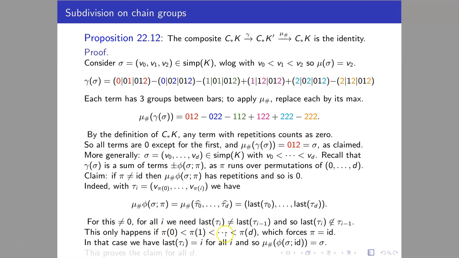So we know already pi 0 has to be less than pi 1, and then that has to be less than pi 2, and so on. So the entries in this permutation pi have to be in increasing order, but that just means the permutation has to be the identity permutation. And if pi is the identity permutation, that just means the last element in tau_i is just i, and so mu hash phi sigma ID is equal to sigma. So this proves that for all d, we've got mu hash gamma of sigma is equal to sigma.